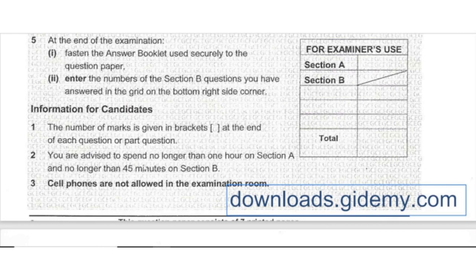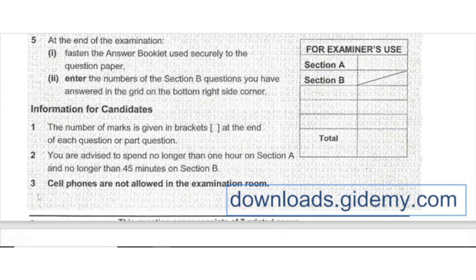You are advised to spend no longer than 1 hour on section A and no longer than 45 minutes on section B. So they are even telling us the amount of time we're going to spend on section A and section B respectively. So it's a good thing.